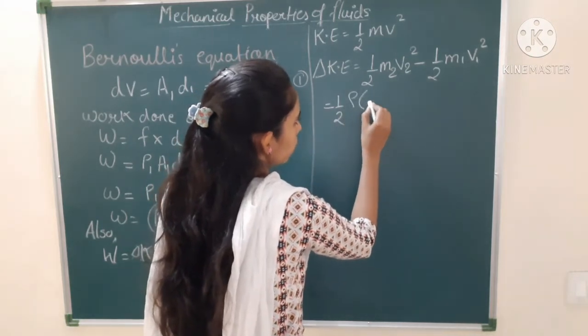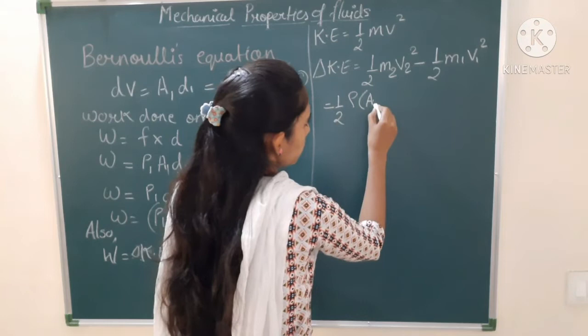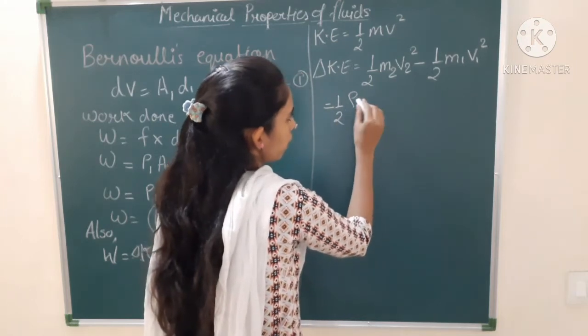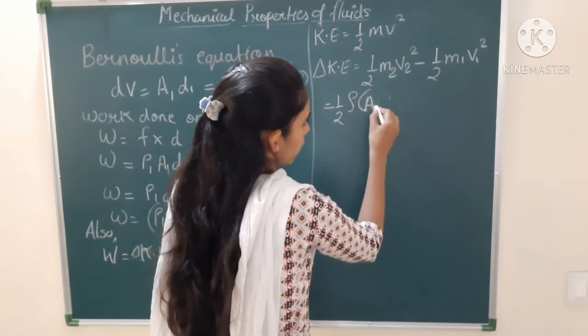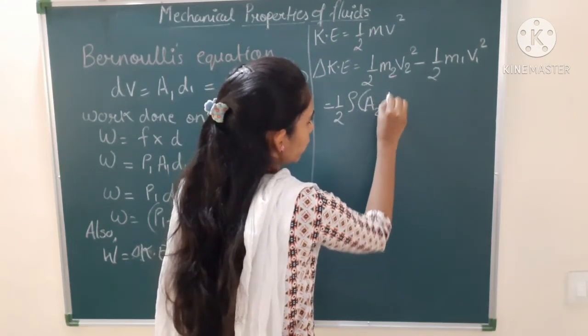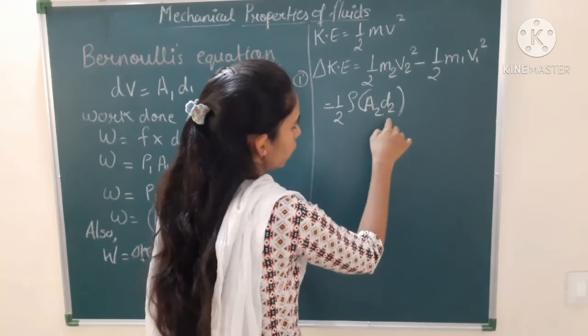So what is the volume equation? It is A1 d1, or you can write dV, or you can write A2 d2. So this is the volume.